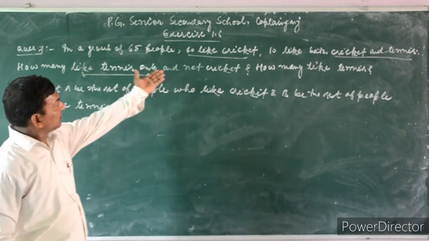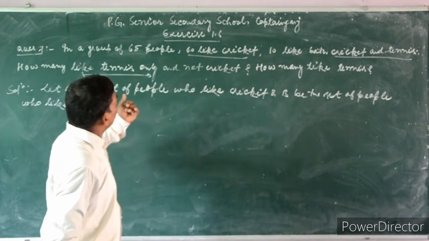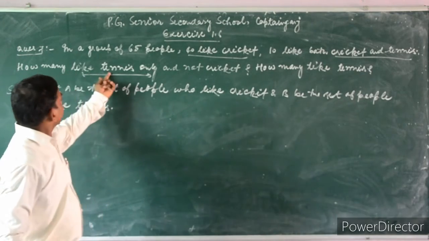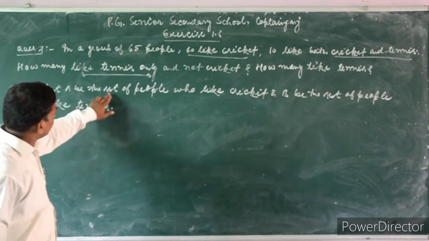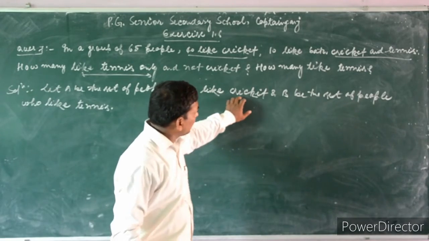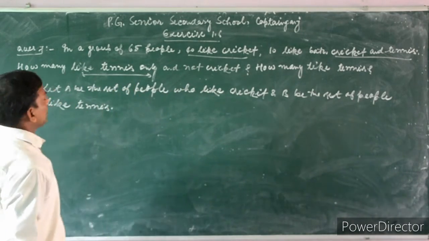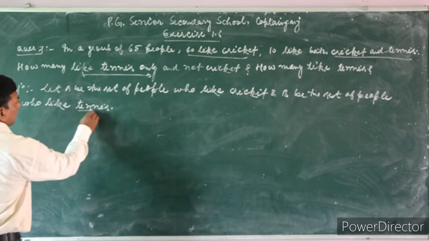Here two games are there, 40 like cricket and some people like tennis. Two games are there. First, let us suppose A is the set of people who like cricket and B is the set of people who like tennis.